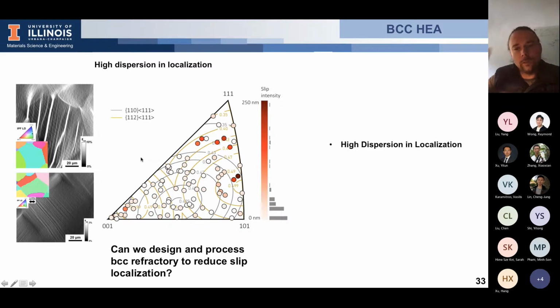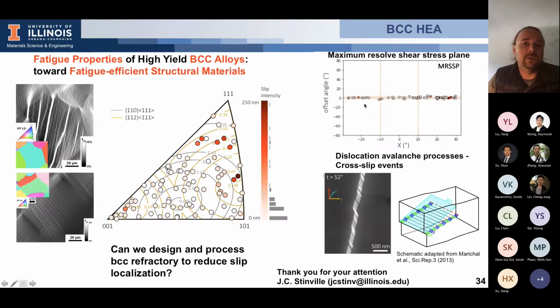And so the idea I am working on right now is: can we process this alloy to prevent the occurrence of this crystallographic orientation and to prevent the occurrence of this very high localization? And it's quite complex because in BCC you have activation of different slip systems. You can even activate a non-crystallographic plane. You have a high frequency of cross slip.